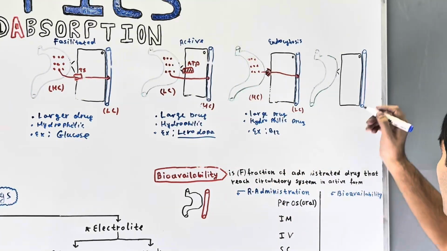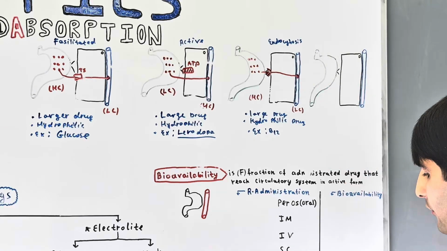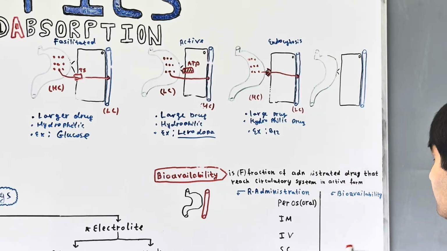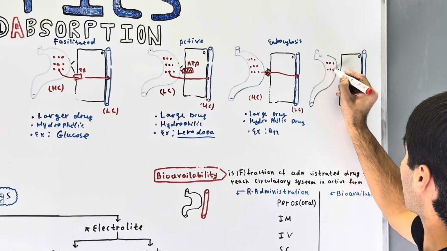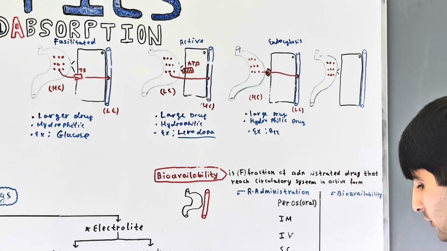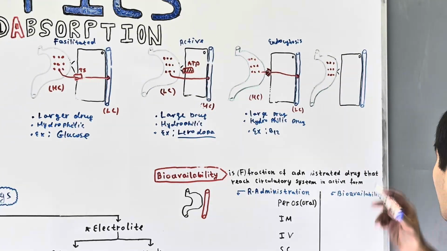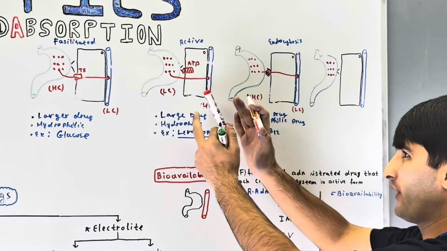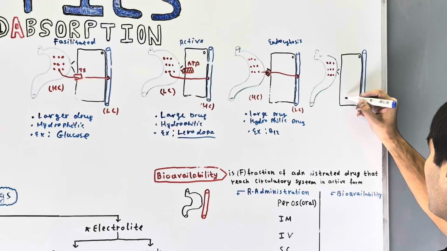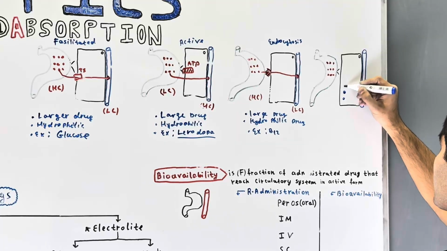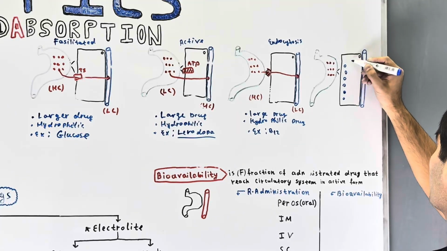The last one. Here we have again the drug in the stomach. Now this drug, without requiring energy, without any protein system, and without the membrane, passes through pores, because the membrane of the gastric cell has pores.